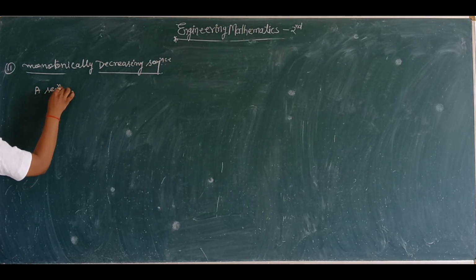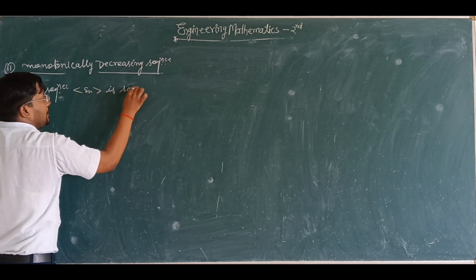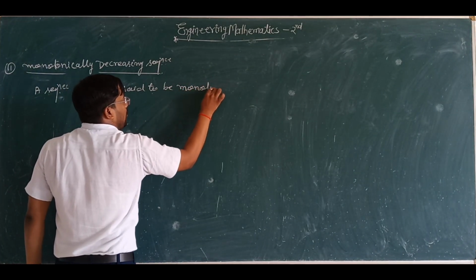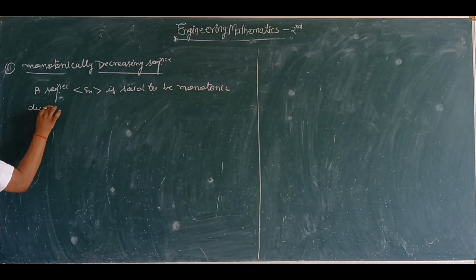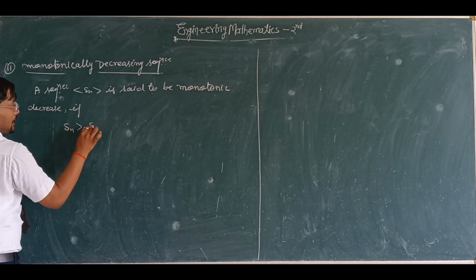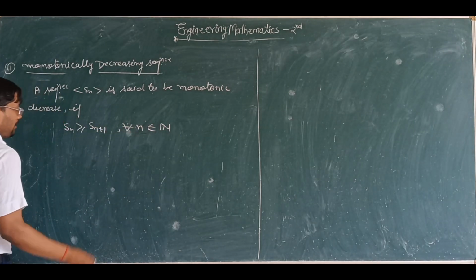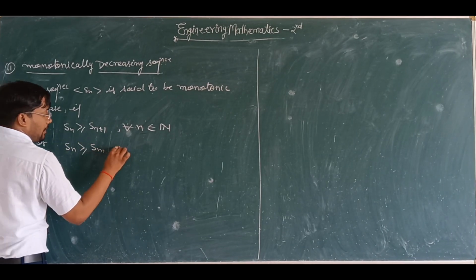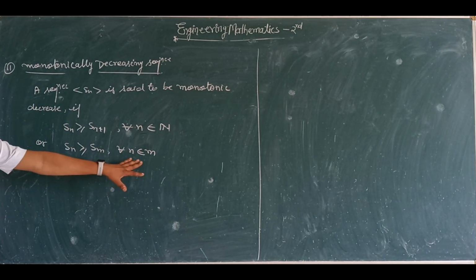A sequence Sn is said to be monotonic decreasing if Sn is greater than or equal to Sn plus 1, for all values of n belonging to capital N, or you can say Sn is greater than or equal to Sm, for all values of n greater than or equal to m, where m is a positive integer.